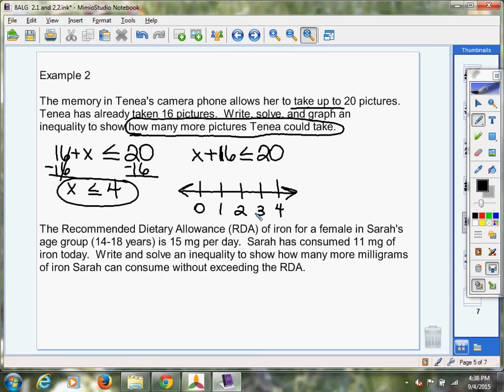Well, this is a specific example. And this is what we call discrete data. Discrete data, okay? What that means is the numbers are whole number answers.